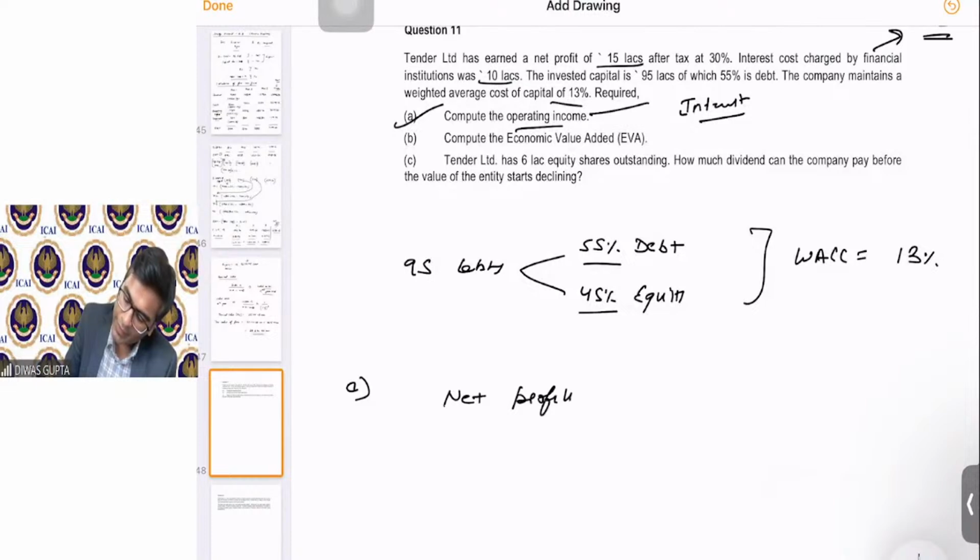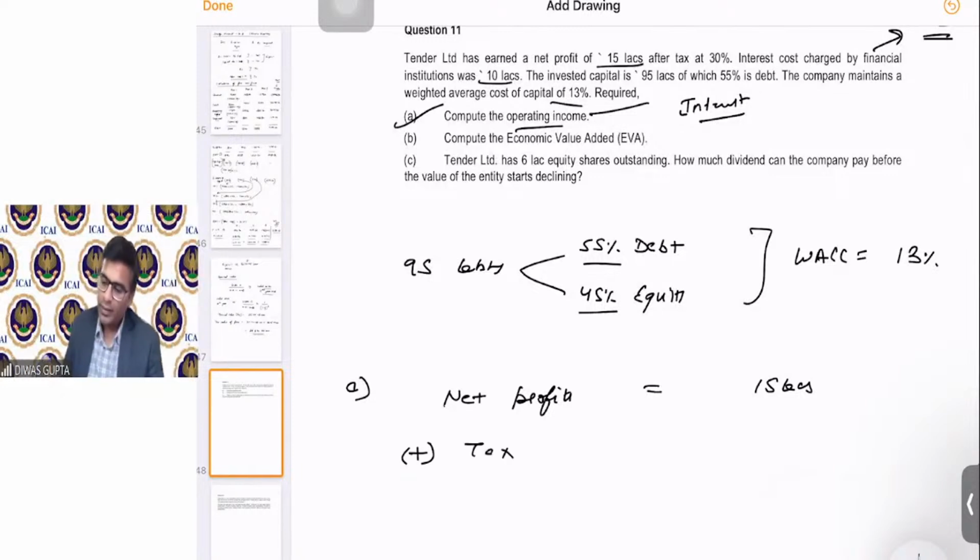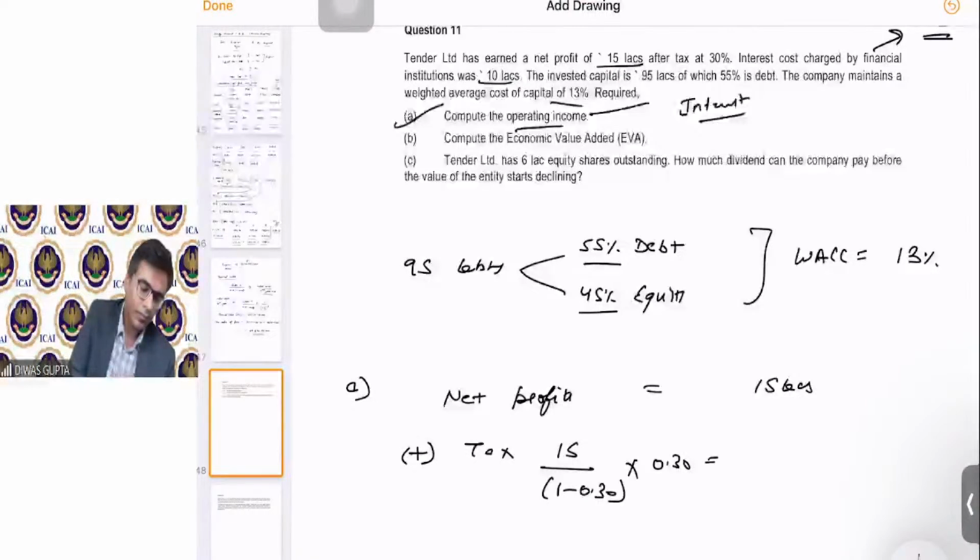Net profits is equal to 15 lakhs plus tax. Tax is 15 lakhs divided by 1 minus 0.30 into 0.30. 642,857. 6.42 lakhs.